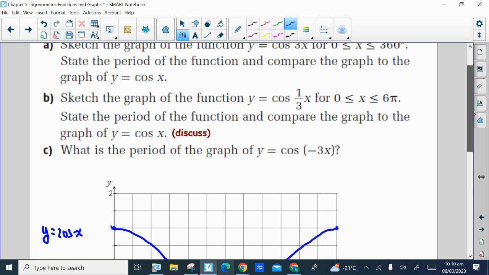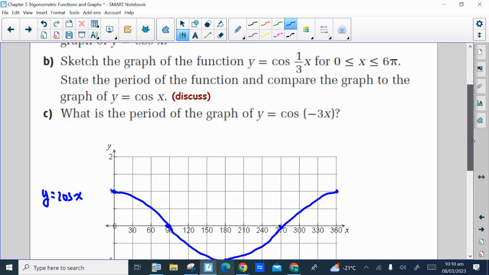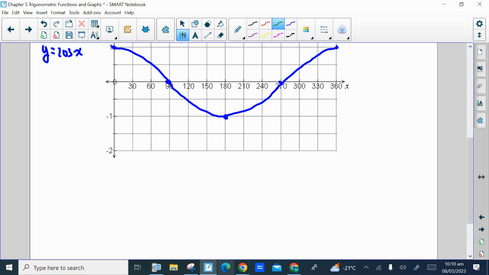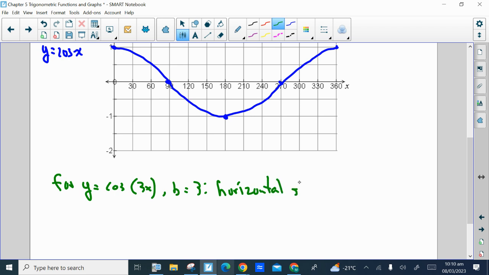And if we want to graph y equals cosine of 3x, we have a b value of positive 3, which remember causes a horizontal stretch about the y-axis, and remember the stretch factor is the reciprocal.